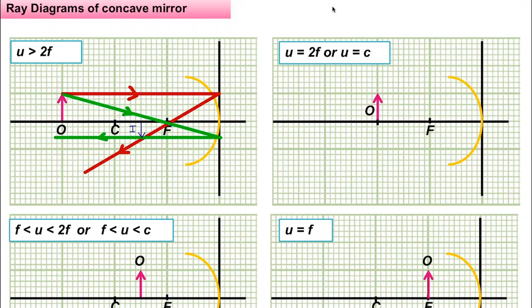So you can see that if you compare the object, the characteristics of the image would be real, inverted, and diminished. RID: real, inverted, and diminished.